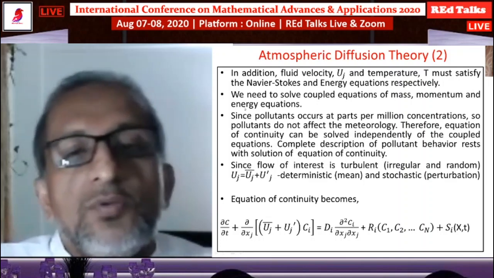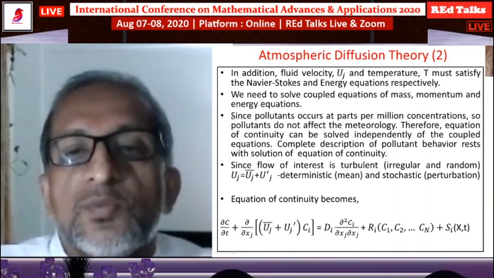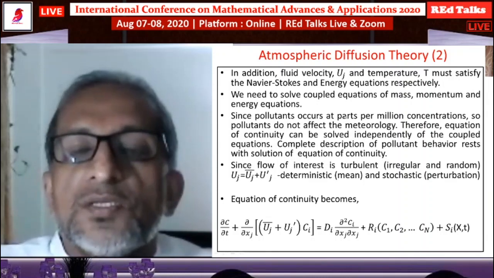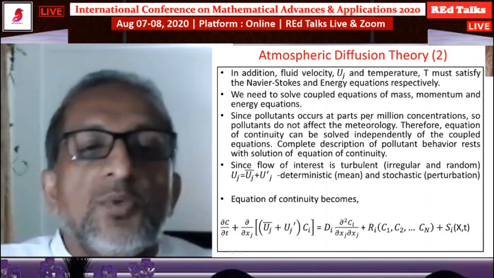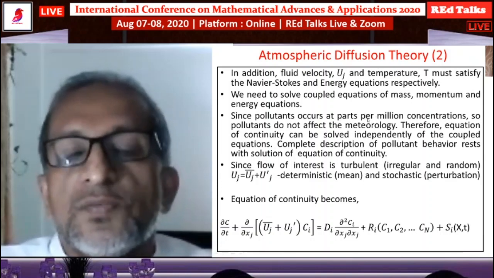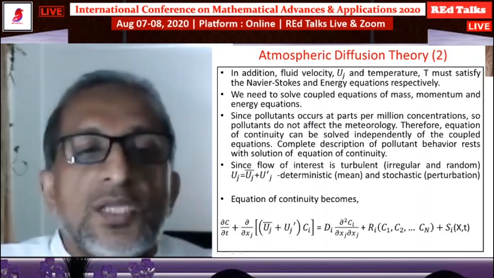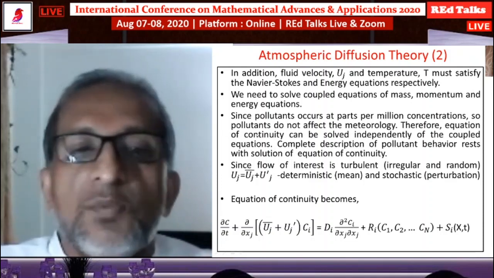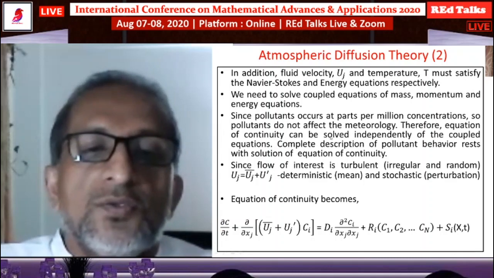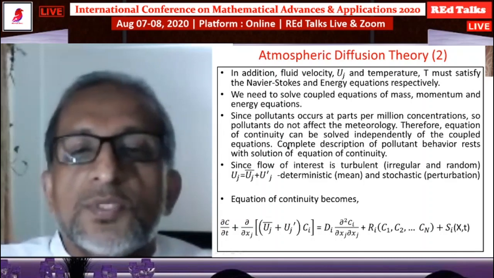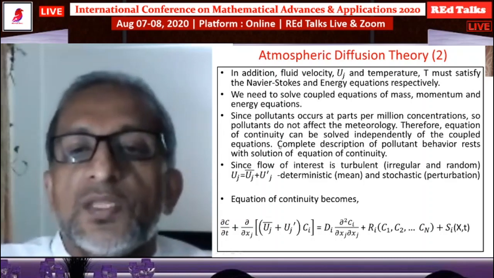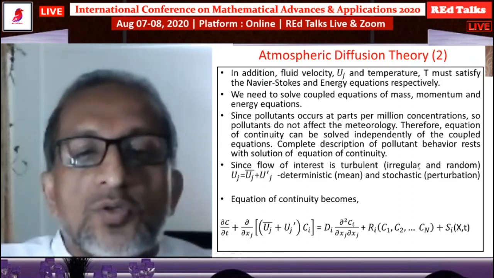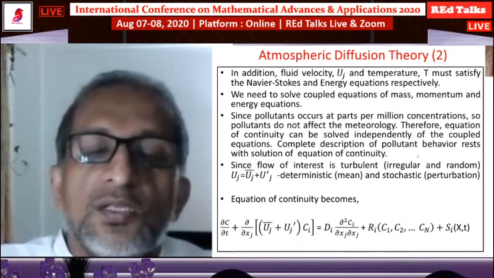But the pollutant occurs in the atmosphere at parts per million concentration. Therefore, the pollutant does not affect the meteorology. So the equation of continuity can be solved independently of the coupled equations. So the complete description of the pollutant behavior rests with the solution of the equation of continuity.